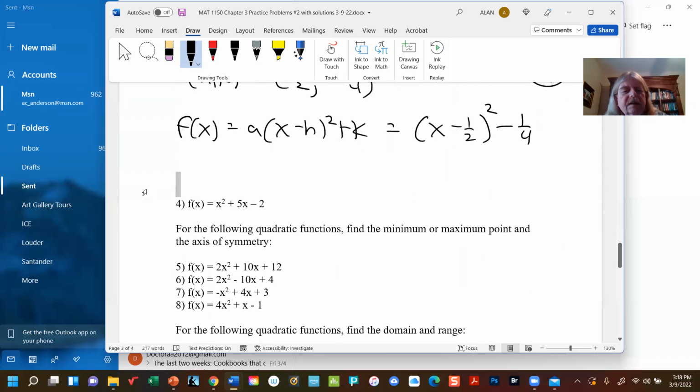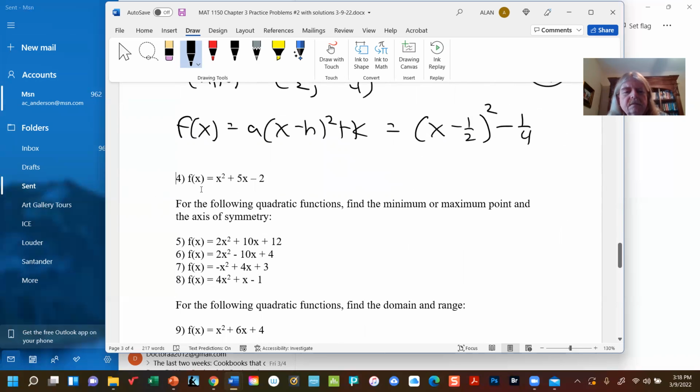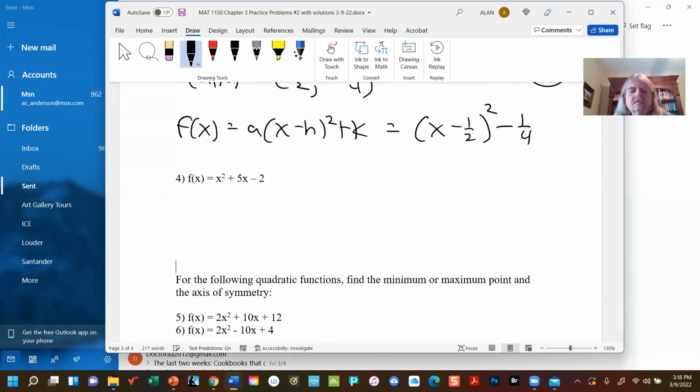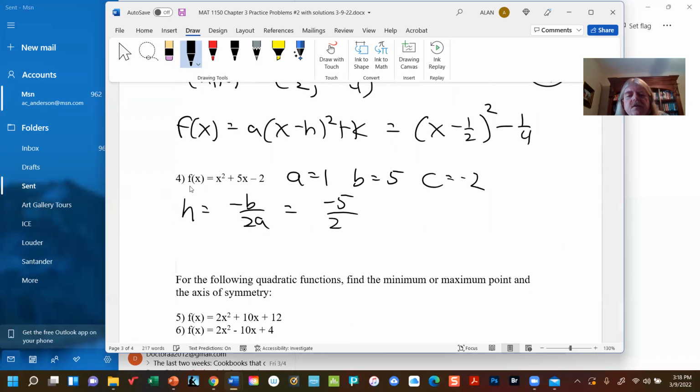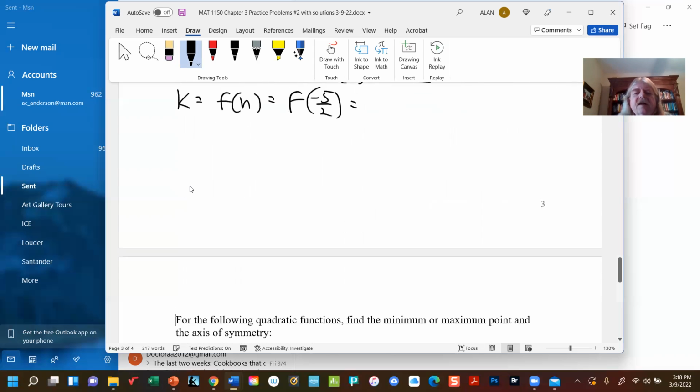Looks like there's one more. So once again, a is 1, b is 5, c is negative 2. So h is negative b over 2a, minus 5 over 2 times 1, minus 5/2. And then k will be f of h, or f of negative 5/2. So I'll go back to this equation and replace all the x's with negative 5/2.